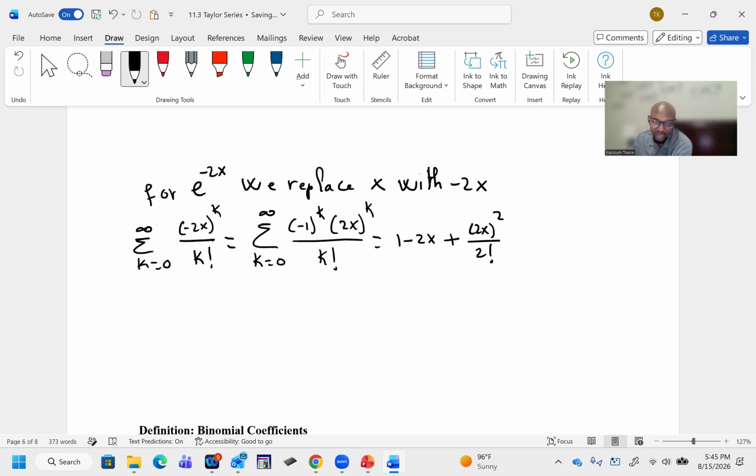If k is 3, we'll have negative 2x to the power of 3 divided by 3 factorial.